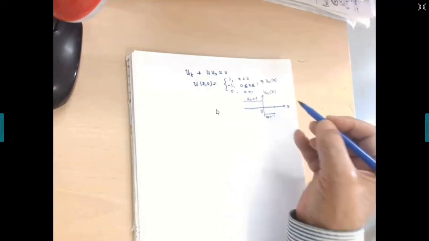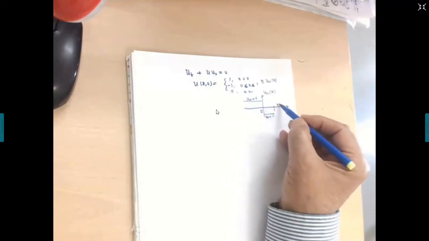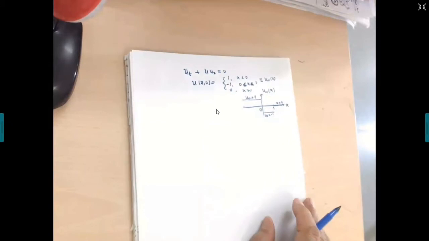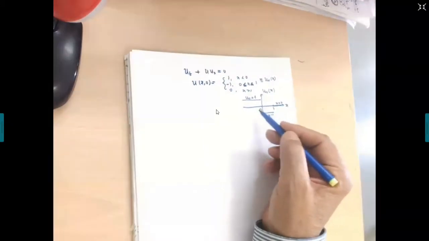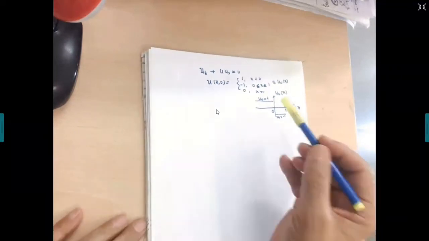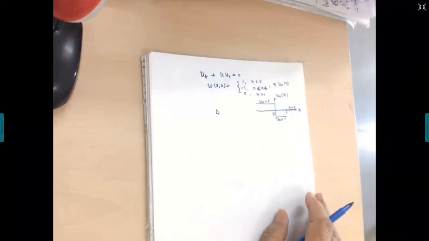And when x is greater than 1, u is equal to 0. So this is the profile. The profile consists of a square wave. In electrical engineering, this kind of initial data is useful. Anyway, we will follow the method of characteristics.